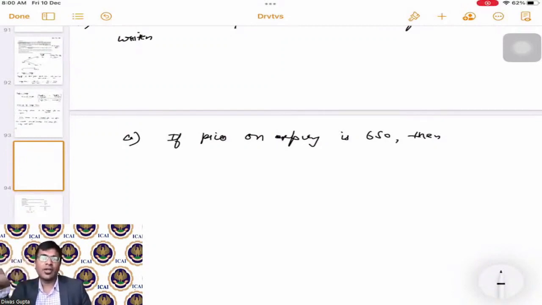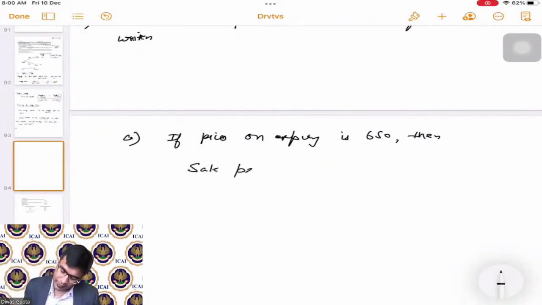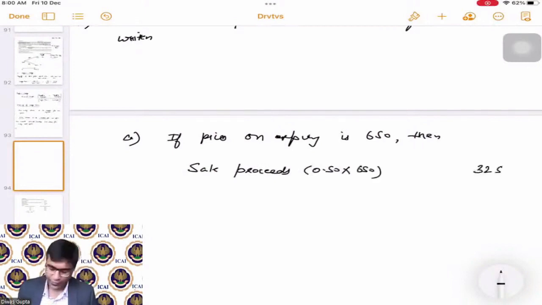If we are taking 4 options, then it will be increased to 2. It can be increased to 1 if we are dealing for 2 options, correct? But I am taking 0.5 as of now. So sale proceeds will happen as 0.50 into 650, which is equal to 325. This is what the sales proceeds is.